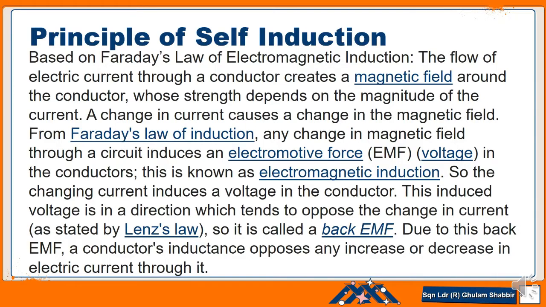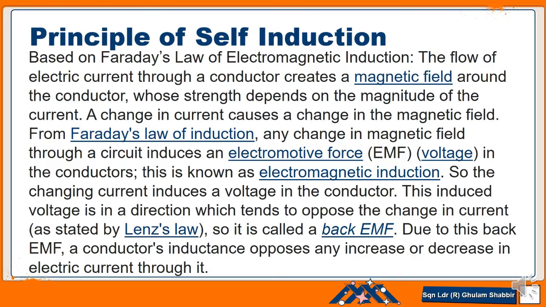A change in current causes a change in magnetic field strength. So from Faraday's law of induction, any change in the magnetic field through a circuit induces an EMF, electromotive force, voltage in the conductor. This is known as electromagnetic induction. So the changing current induces a voltage in the conductor.